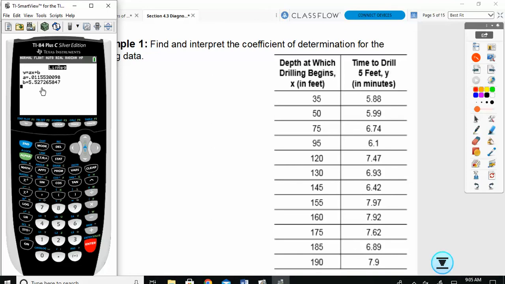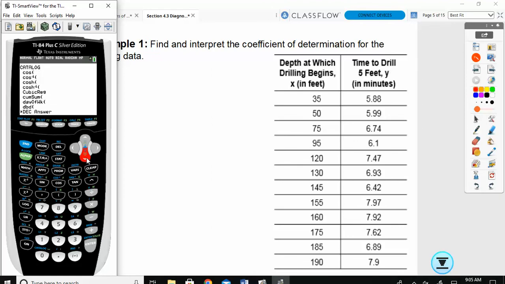If yours does not have the R, what do you have to do? You have to go into your catalog and turn the diagnostics on, which is going to take forever up here. Okay, so this is where we've been going already. And you'll notice there is a number that we hadn't really been using, and it gives you your R squared.